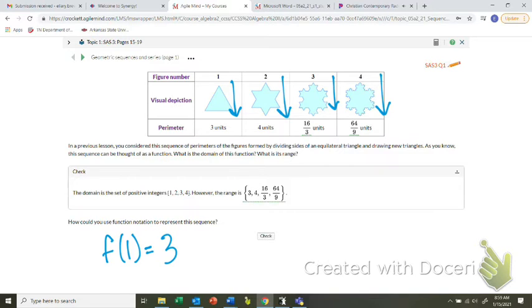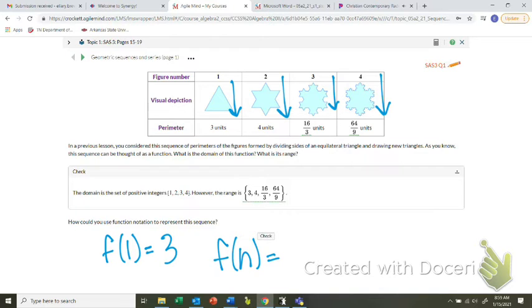Okay. Now the function notation is that formula. All right. So we've got f of n, which can also be known as what equals? Y equals. Just a fancy function notation. Okay. Now, what did we determine the sequence was?